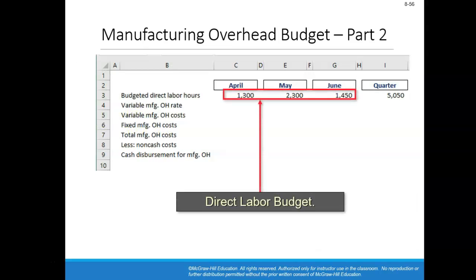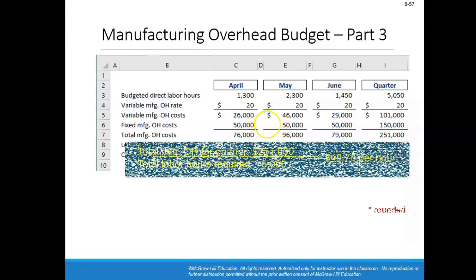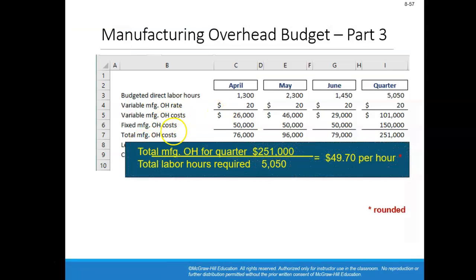Okay? So the direct labor hours shown here for each month are coming from your direct labor budgets. The manufacturing overhead rate we're going to assign for overhead costs is $20 per direct labor hour. So we're going to assign $20 per direct labor hour to get your manufacturing overhead costs for each month.